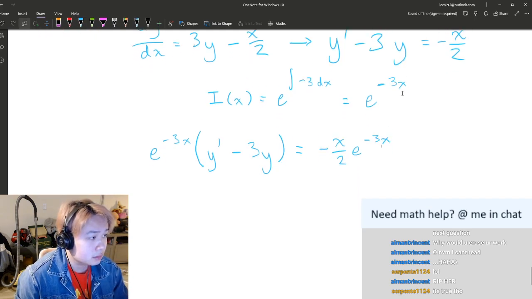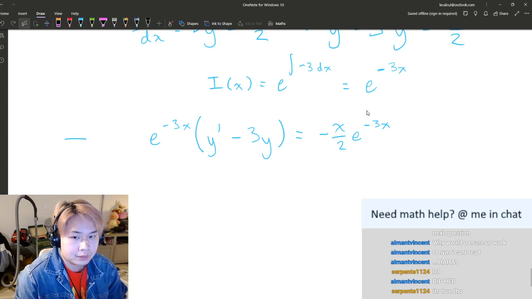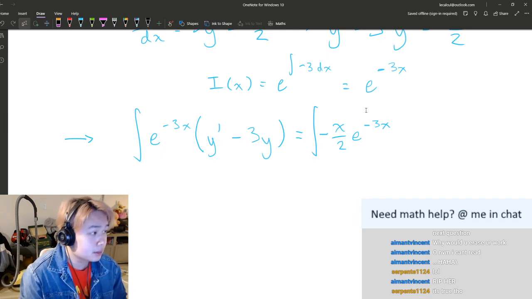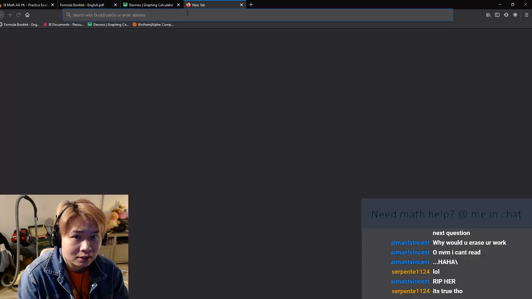And then we integrate both sides. But this is where things fall apart. I don't remember how this integral works. So I'm gonna need to Google integrating factors.